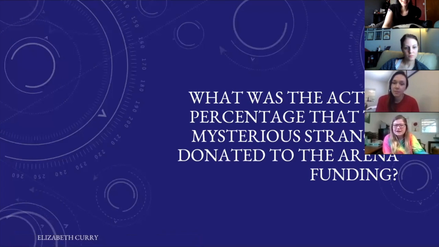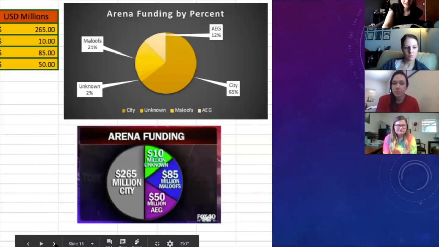What was the actual percentage that the mysterious stranger donated to the arena funding? Well, funny you should ask, because Allison went over this a little bit. A pie chart is divided into sections that represent a whole.